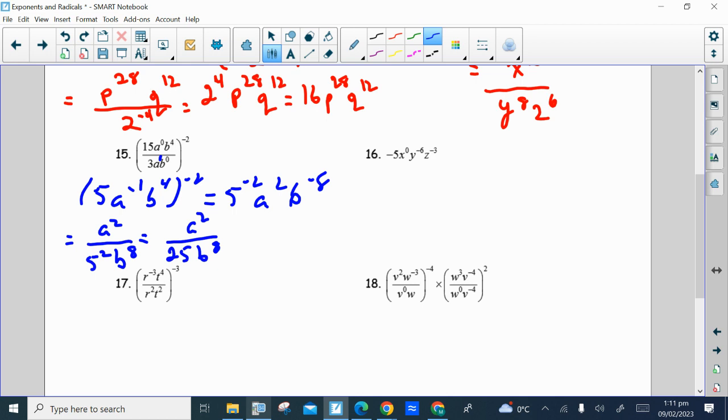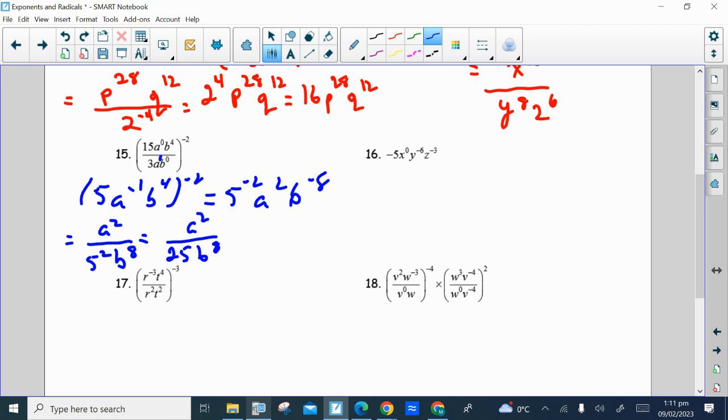What's wrong, Jen? What part are you confused by? The 5? Well, you have to raise everything inside the bracket to the power negative 2.